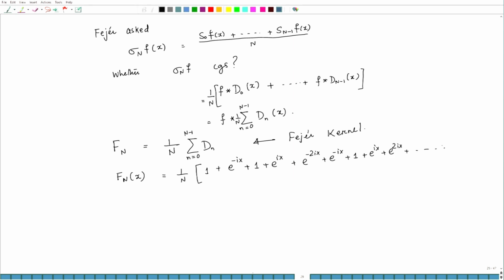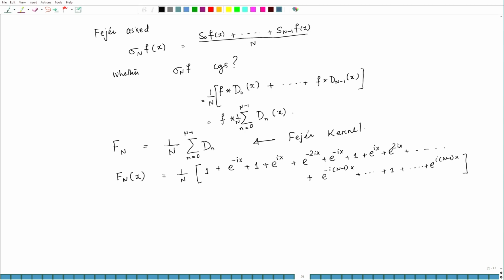It goes on like this, and then e to the power minus i(n-1)x plus 1 plus e to the power i x up to e to the power i(n-1)x.